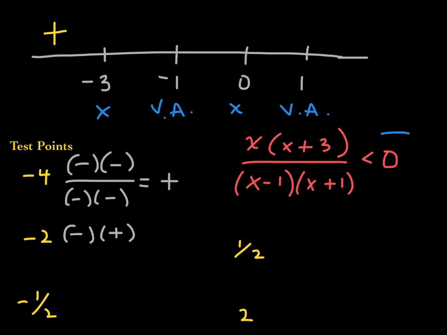Now going to the denominator, when you plug in -2, this factor is negative, and so is this one. Count how many negatives you have. You have 3 negatives, 1 in the numerator, 2 in the denominator. An odd number of negatives means the whole fraction will end up being negative. So between -3 and -1, the graph will be below the x-axis.